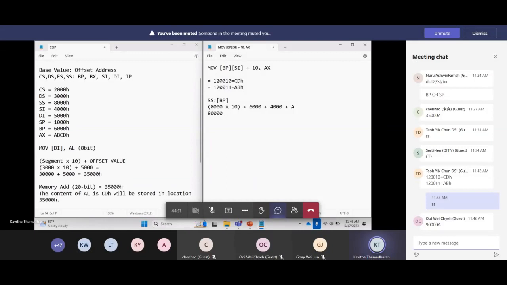Then you plus another A, which is your 10. So the answer will be 8A00A.